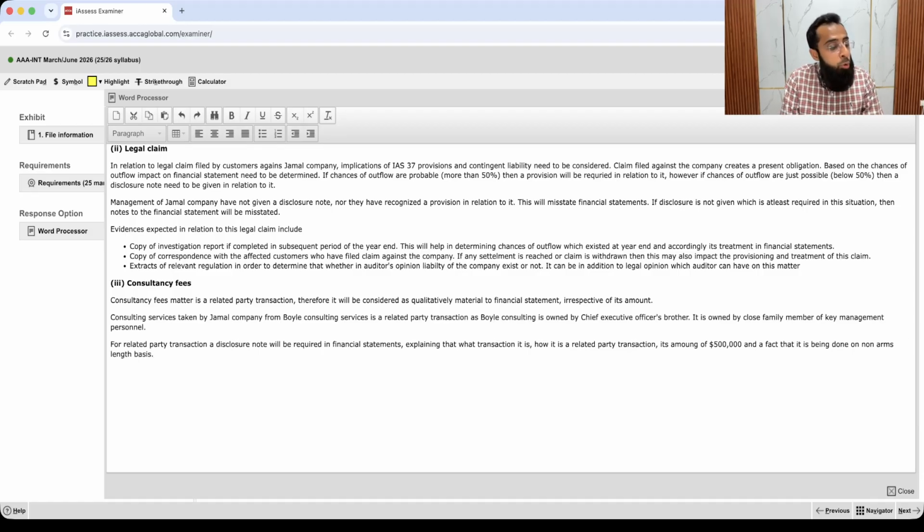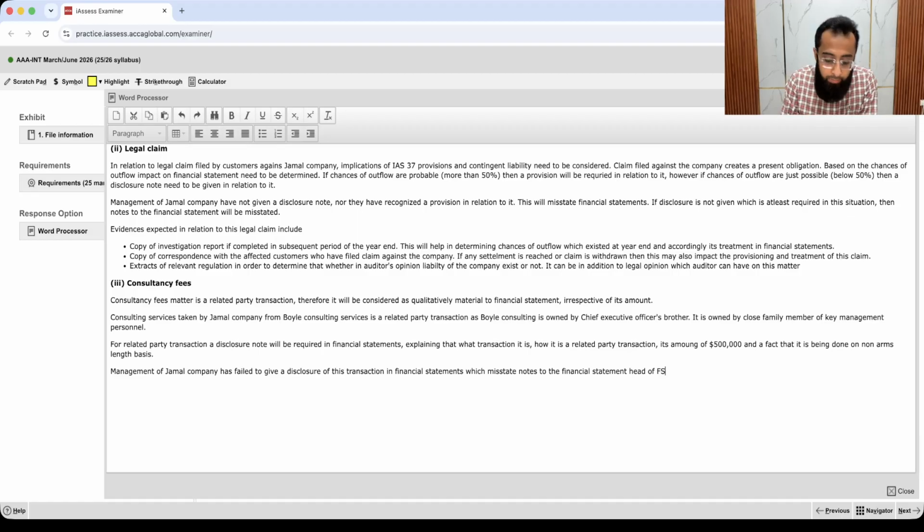So a disclosure note needs to be given in relation to it. Management of Jamal Company has failed to give a disclosure of this transaction in the financial statements, which misstates the notes to the financial statements.